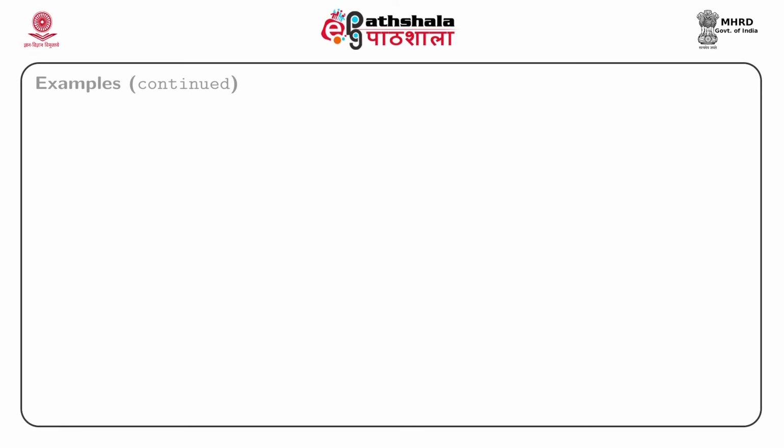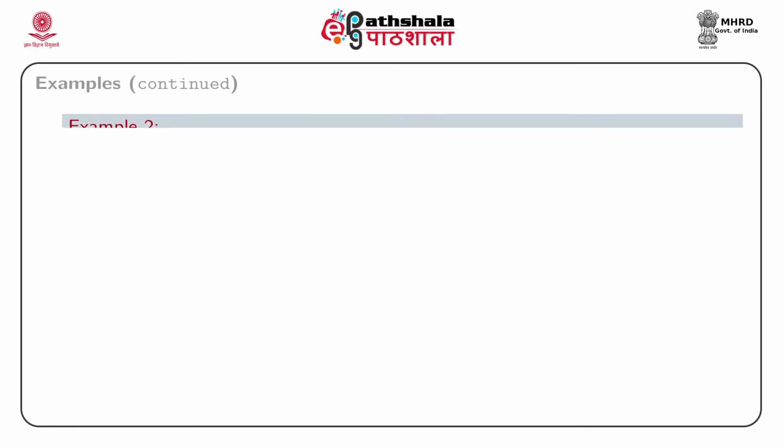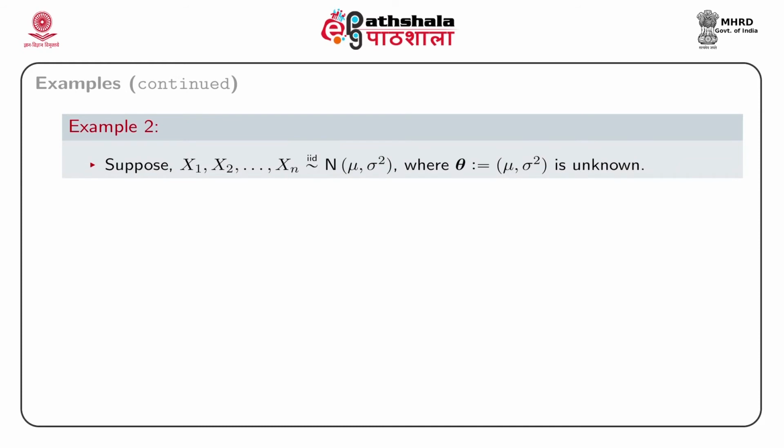Next we consider another example. Suppose that x1, x2 up to xn are IID normal(mu, sigma square) variables. Here theta equals (mu, sigma) is a vector valued parameter where both mu and sigma are unknown. Mu belongs to the real line and sigma greater than 0. Here script X is the whole real line and script Theta is the Cartesian product of R and R plus, where R plus denotes the positive part of the real line.